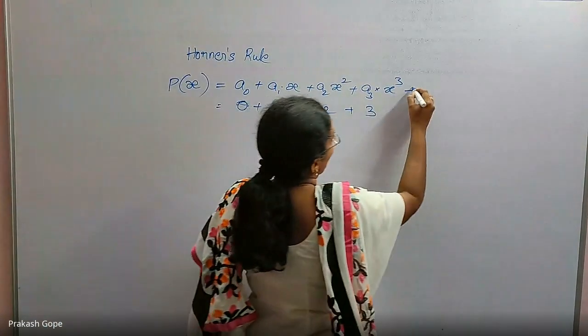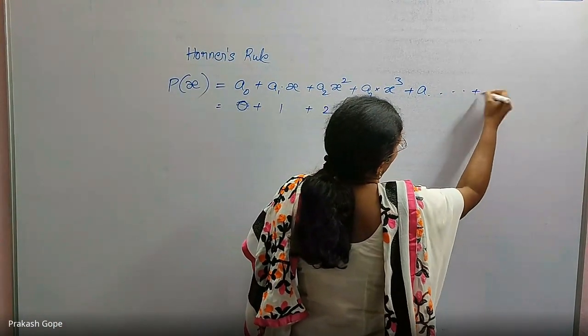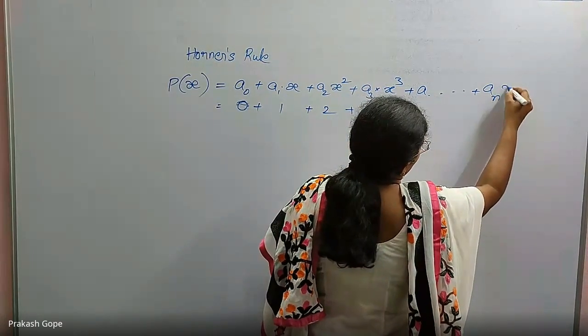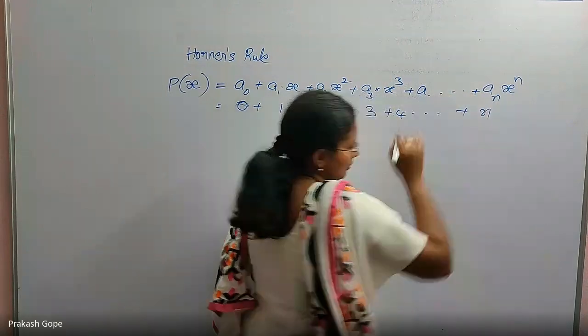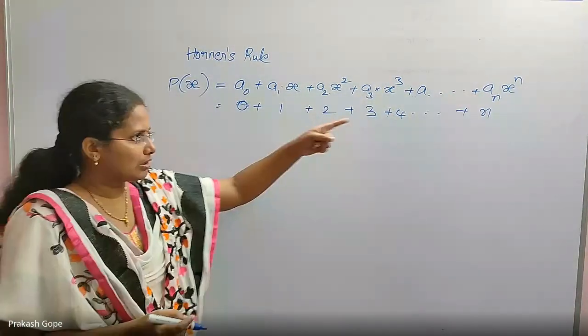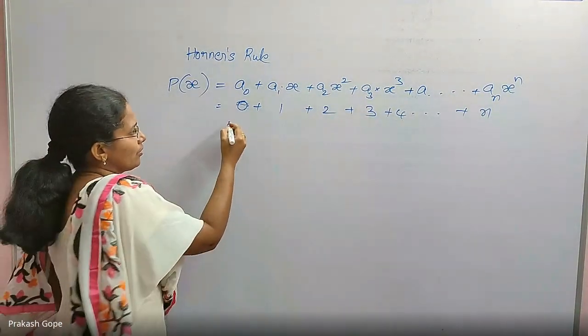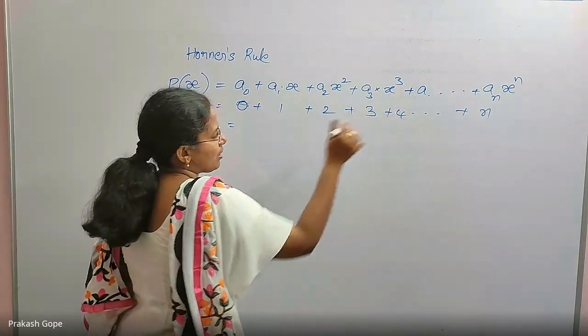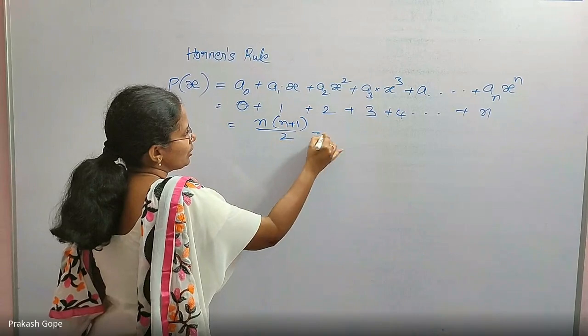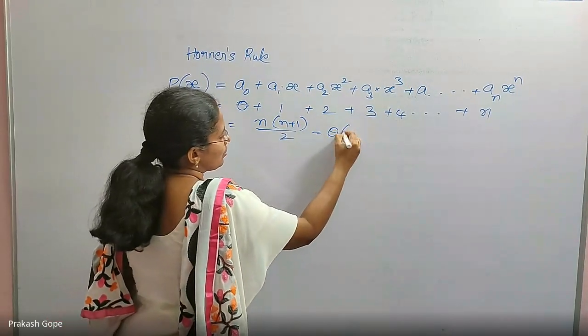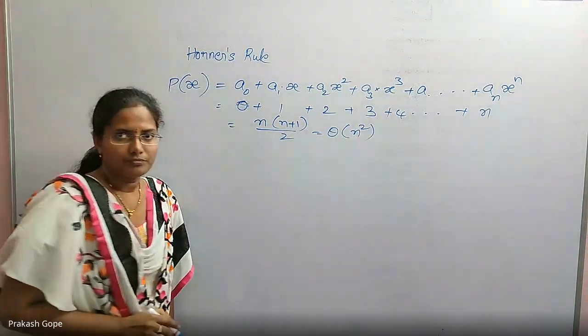Like this, if I have a polynomial of degree n, with a_n x power n, then 3, 4 and so on up to n multiplications. You will perform all those multiplications: 1 plus 2 plus 3 and so on up to n. Sum of n natural numbers, n into n plus 1 by 2, which is about n square, so theta of n square.